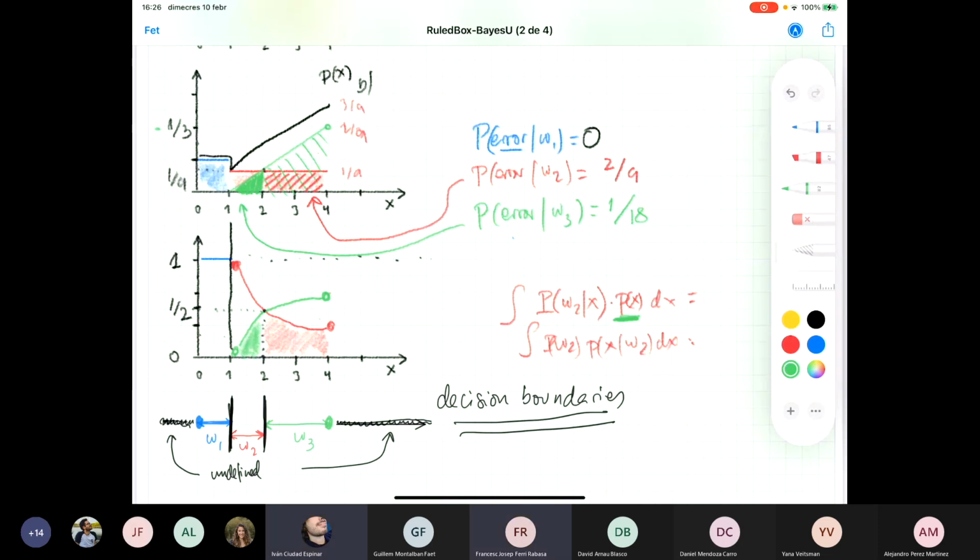Okay. So the sum, well, I'm not sure if this is correct because I haven't done this before, so I assume it's correct. If not, you just check it and tell me. So the probability of error is 5.